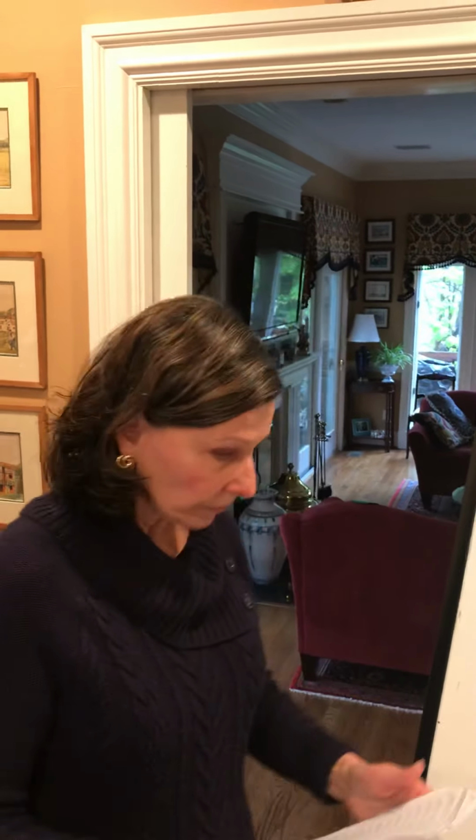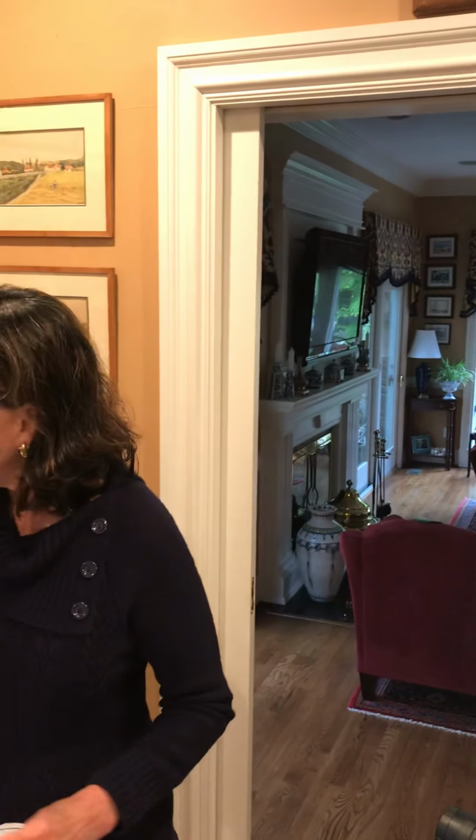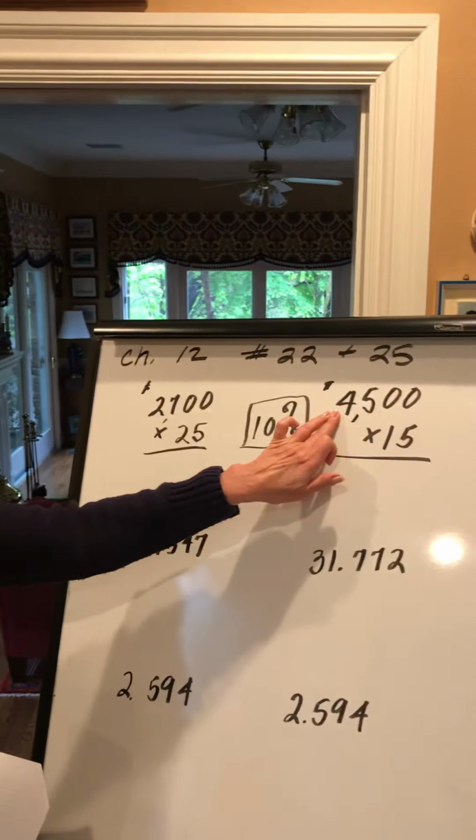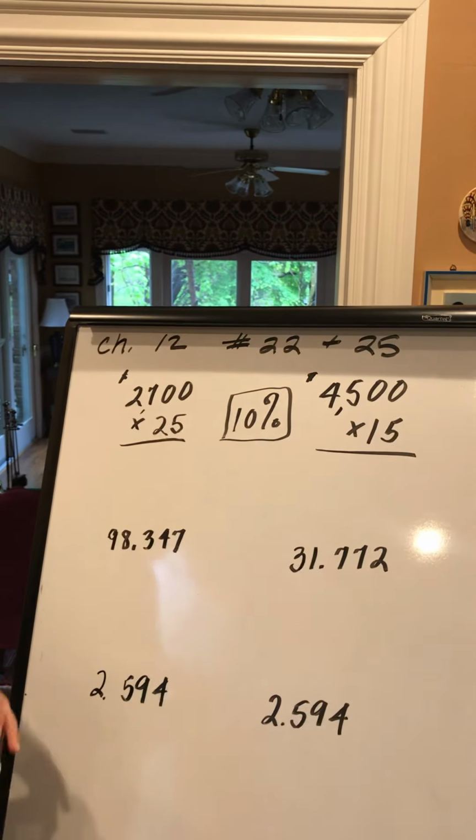We are given this set of circumstances: a person who's going to either put in $2,700 a year for 25 years, or wait till they're older and put $4,500 a year in for 15 years.